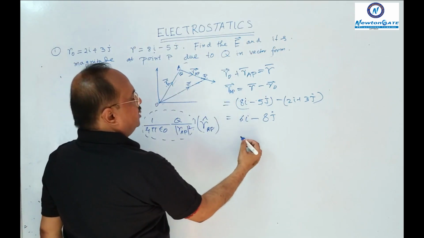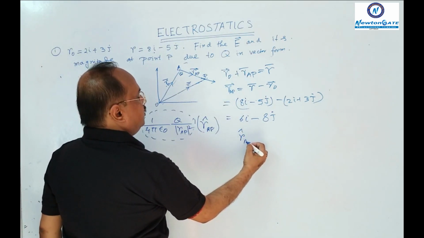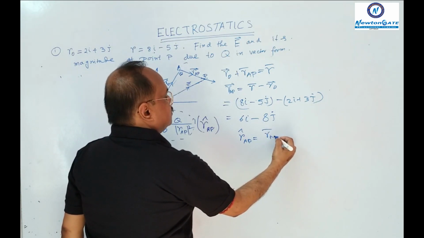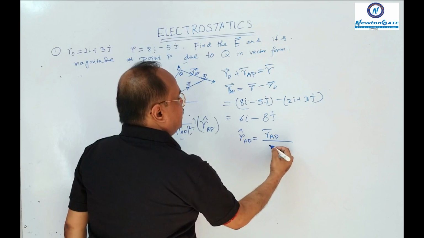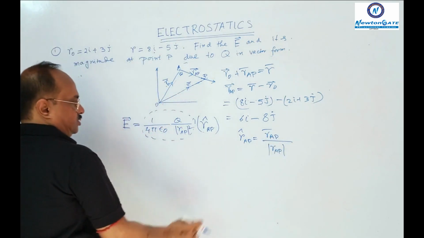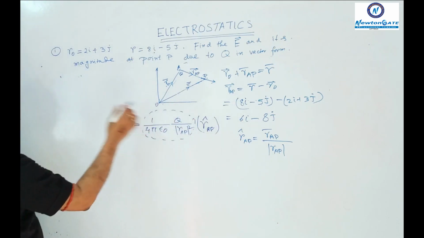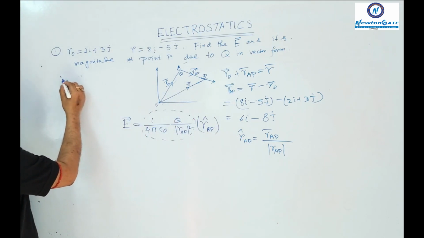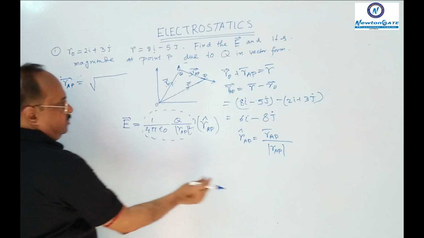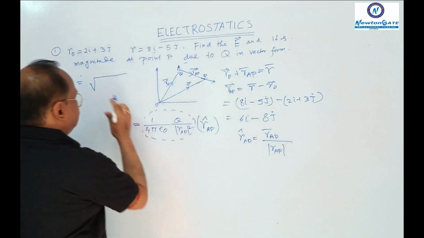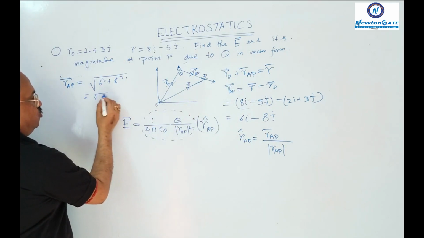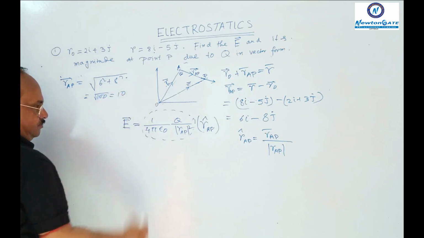And the unit vector, you know that the RAP unit vector will be the vector RAP divided by the magnitude of RAP. Now the question is, how much is the magnitude of RAP? The magnitude of RAP is equal to root over 6 square plus 8 square, that is equal to root over 100, and that is equal to 10.